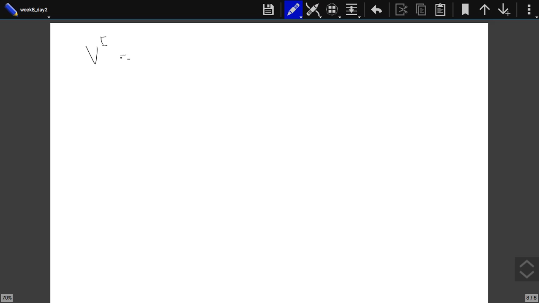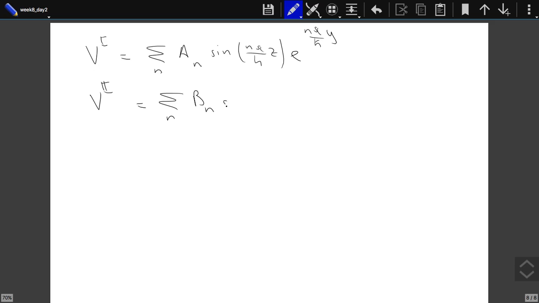The potential in region 1 is the sum over n of an times sine of n pi over h z times e to the power n pi over h y. And the potential in region 2 should have the form sum over n of bn sine of n pi over h z times e to the power minus n pi over h y.